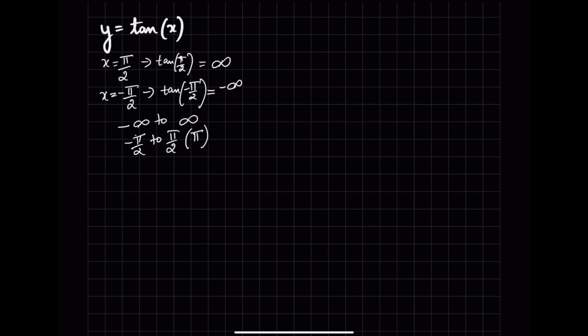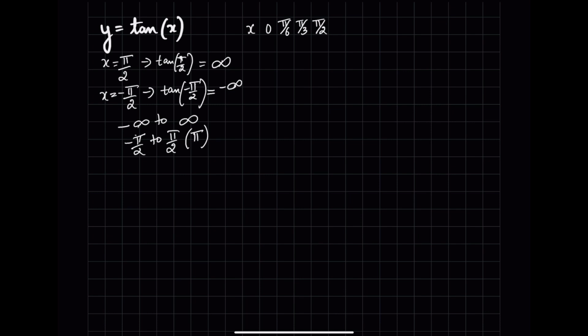entire period is pi. So to plot the graph of tan, we have to find the values of tan x when x is 0 degrees, pi by 6, pi by 3, pi by 2.